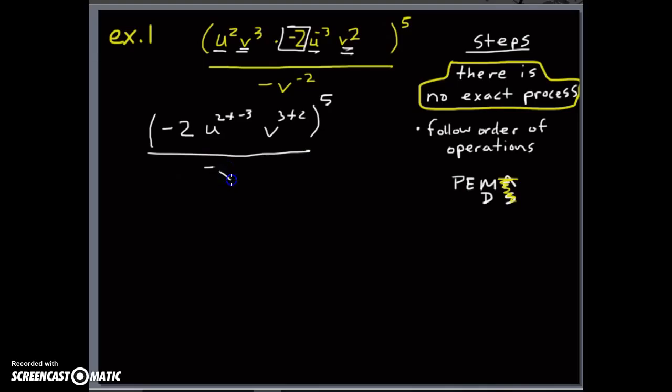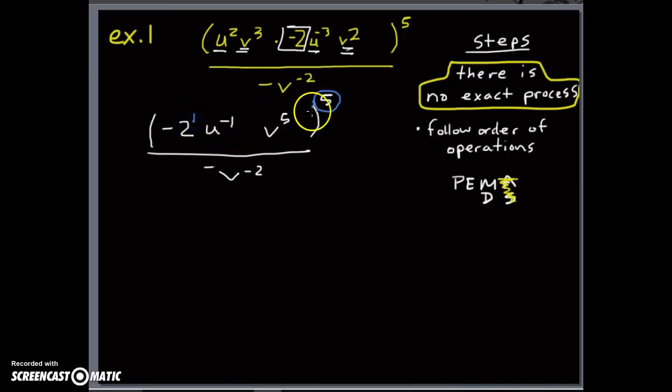Now we've got to simplify just the numbers. So 2 plus negative 3 is negative 1, and 3 plus 2 is 5. Now we can go ahead and drop these parentheses once we deal with this exponent. So the exponent is a 5. We can go ahead and use the power rule to multiply our exponents together.